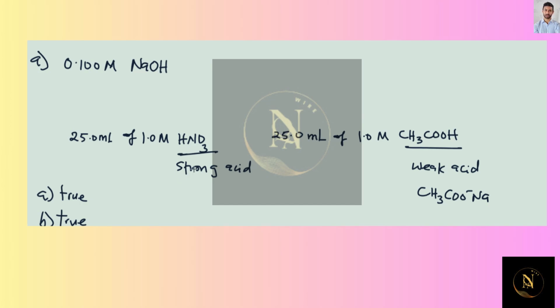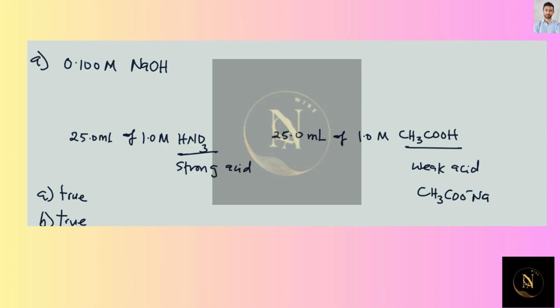Then C says phenolphthalein will be a suitable indicator for both titrations. Well, to determine if this is true, we need to know the working range of phenolphthalein.